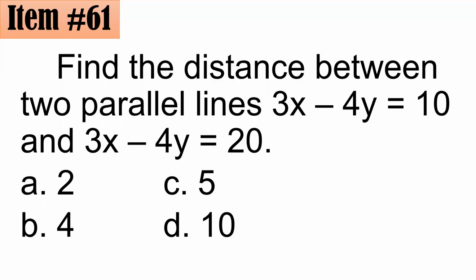But we have to take note of this. If we have two lines in the same Cartesian plane, meron lamang po silang distance kung silang dalawa po ay parallel lines. Tandaan po natin yan. If the two lines intersect at least one point, then surely they don't have a distance. It's like zero.